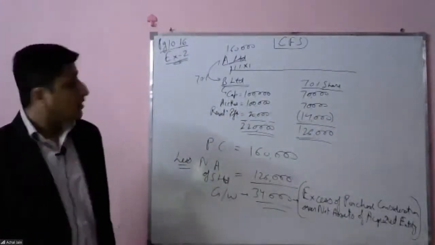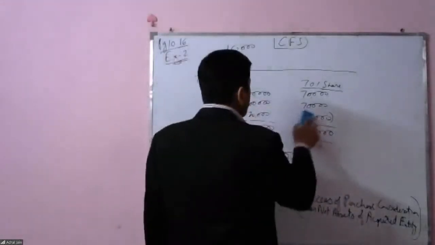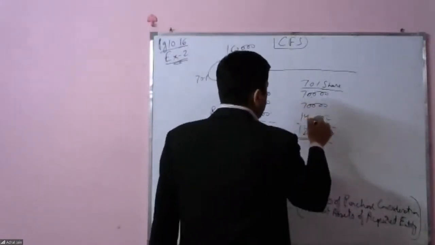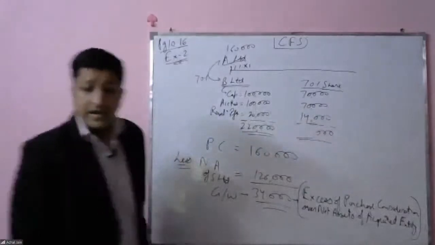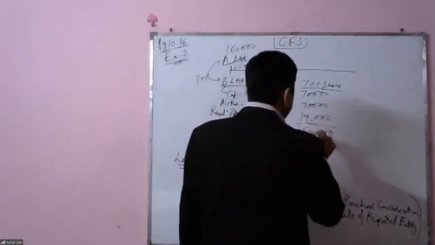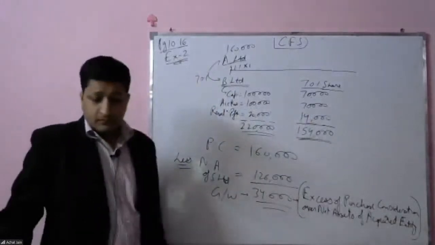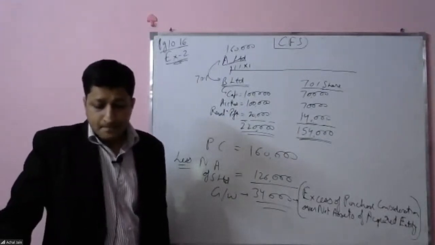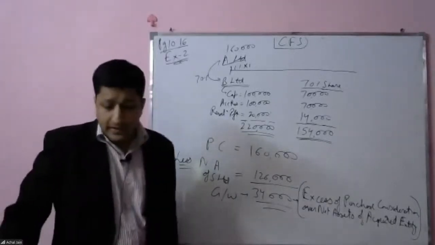Therefore, the amount in respect of net assets of B on a proportionate basis would be what? That would also change. So this would therefore become 1,54,000. Okay. Yeah. 1,54,000. Now in this case, what's the amount which has been paid to acquire?